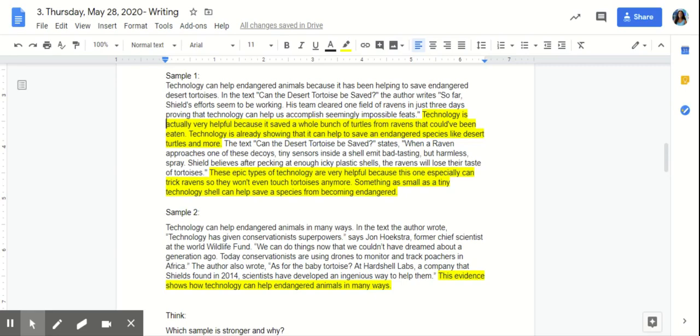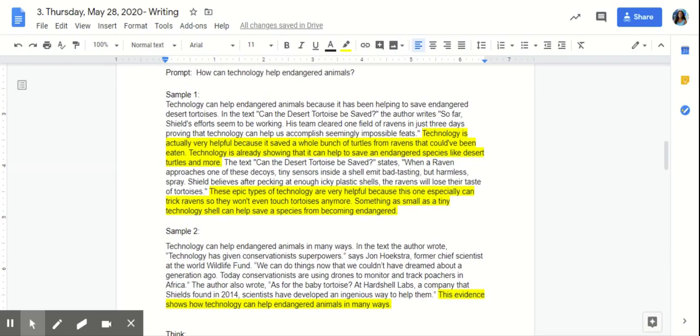The author writes, so far, Shield's efforts seem to be working. His team cleared one field of ravens in just 3 days, proving that technology can help us accomplish seemingly impossible feats. So this quote is telling us that Shields was able to use technology to help save the tortoises.